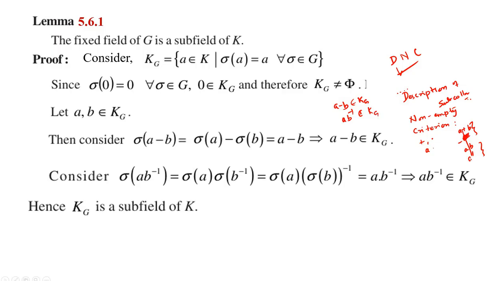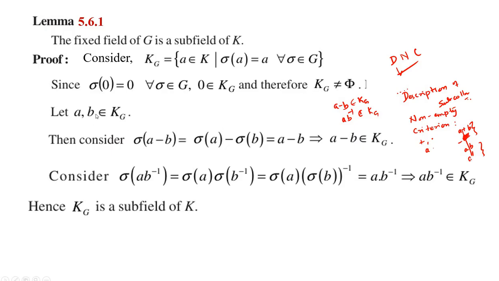So K_G is to be first defined, and that is what is written here. Since homomorphism takes the 0 element to the 0 element, we have this, and it is true whatever automorphism you have in G. So your 0 belongs to K_G, and therefore K_G is non-empty.